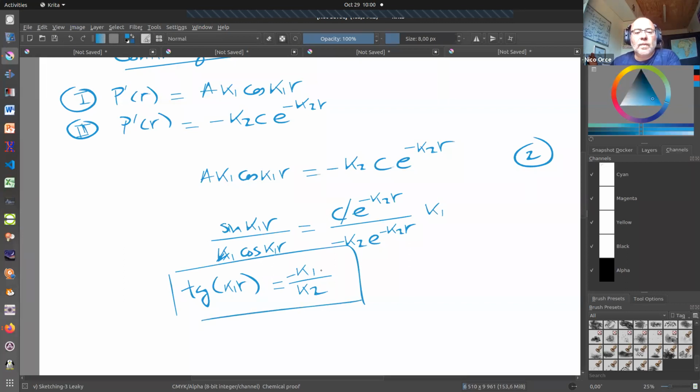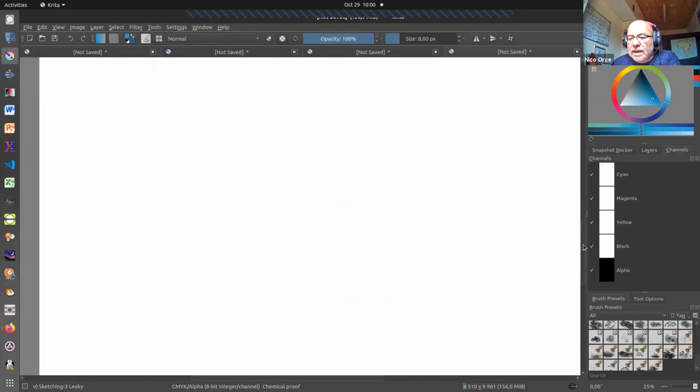The tangent, let's write it down as you write it down. In Spanish it is tg, but as you write it down it is minus K1 over K2. This is the condition that we have finally.